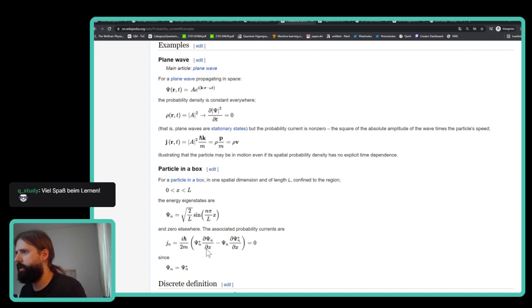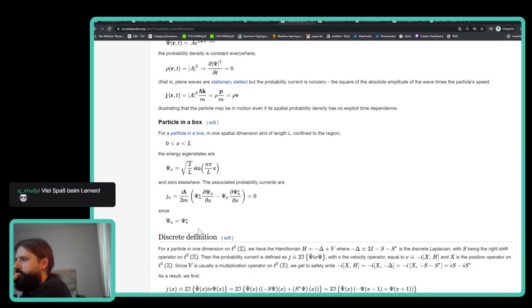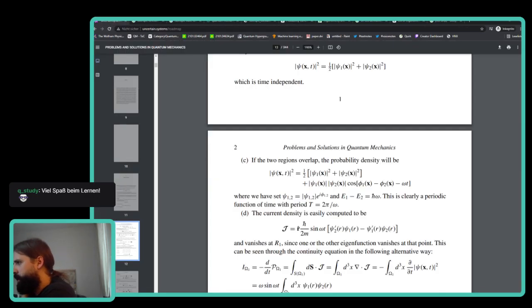It's definitely awfully similar to these, right? But where is the sinus coming from? Because it's the derivative of psi 2 times psi 1.